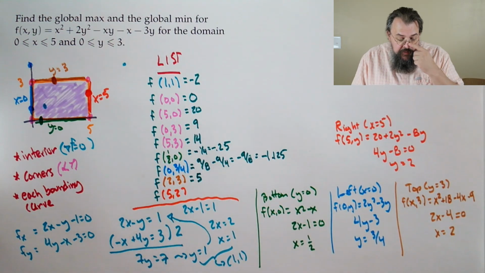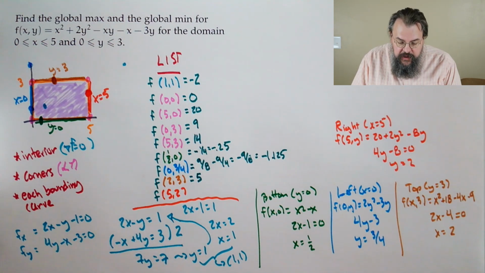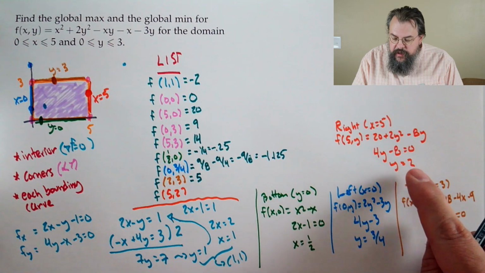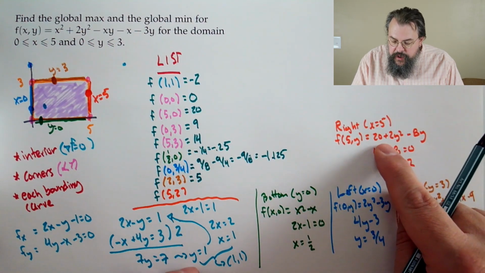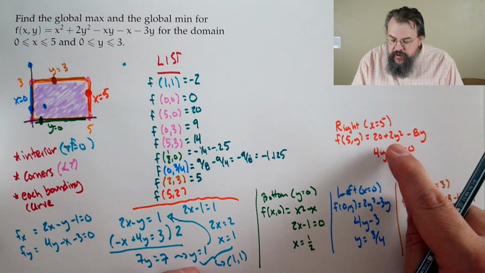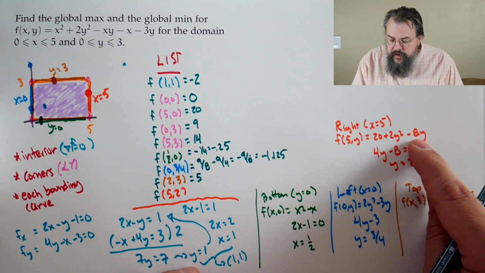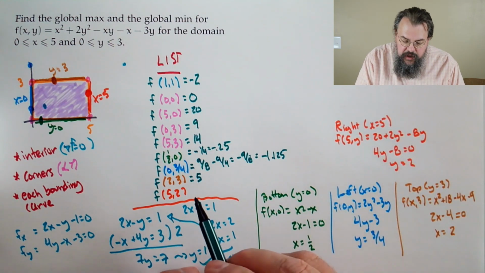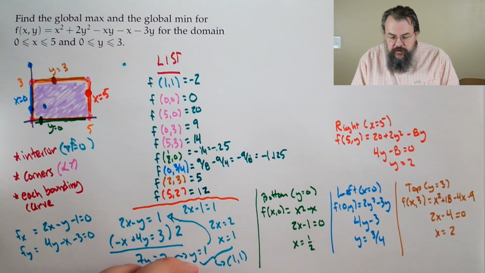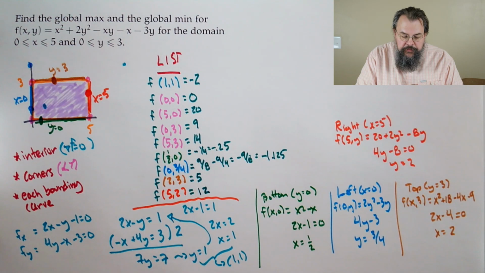Great, and we're almost done. (5, 2). I'm going to plug in 2 here. 20, and then here we'll have 2 times 2 squared, that's 8, so that's 28. Subtract 16, so that's 12. There we go, 12. Wonderful.